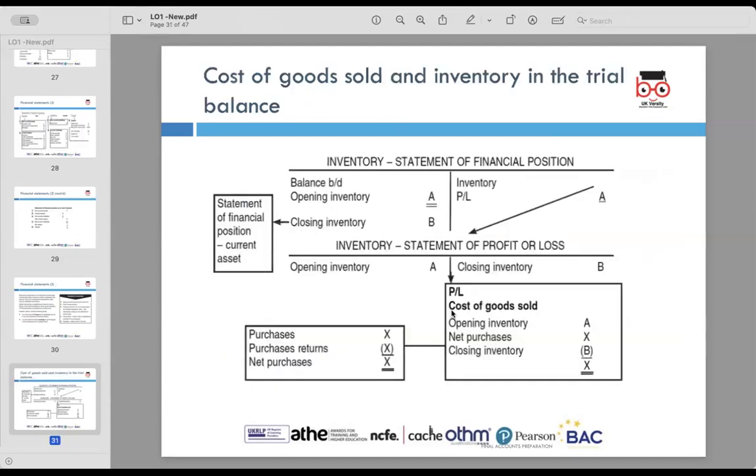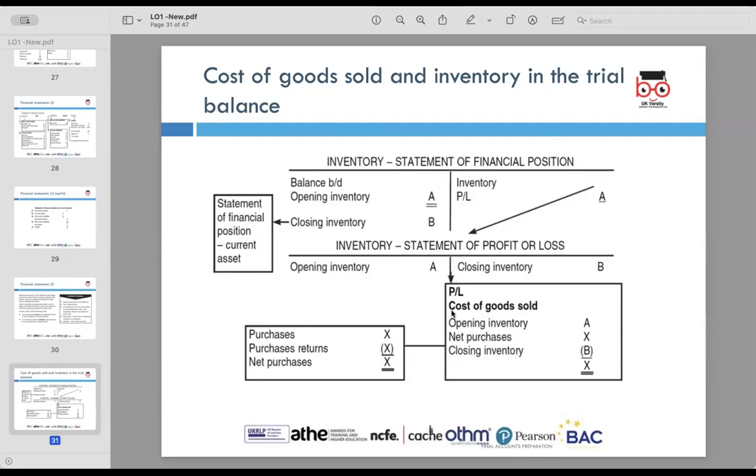Cost of goods sold and inventory in the trial balance. The management of inventory and cost of goods sold is important in financial reporting, affecting both the statement of financial position and the statement of profit or loss.